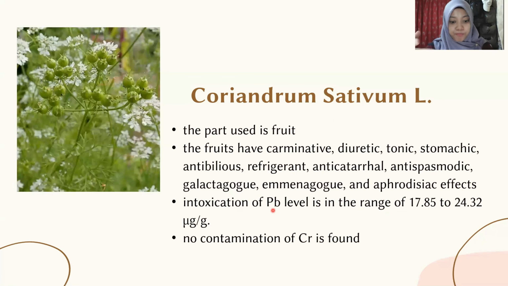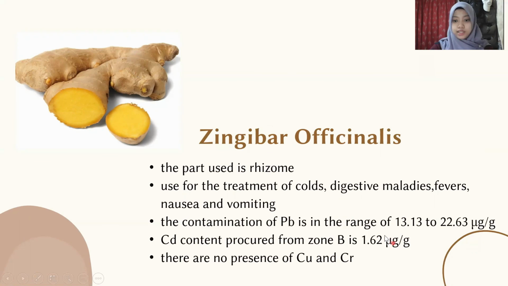However, all the essential metals, like the copper, nickel, iron, and so on, were below the prescribed limit given by the WHO. Thus, it can be said that this C. sativum is quite useful for humans in treating their health.